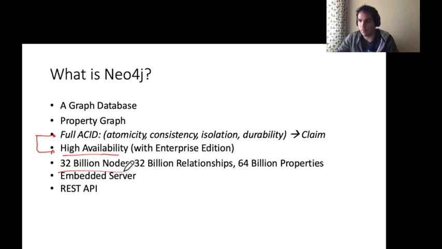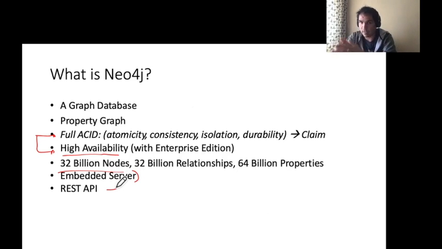Something important here is that we can manipulate important amounts of data, with loads of nodes, billions of nodes, billions of relationships and properties. I will be talking more about these properties later. It's basically a server that you are going to be installing, and there is also an API in order to interact with it.